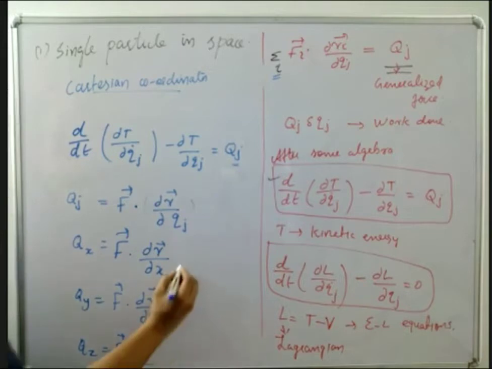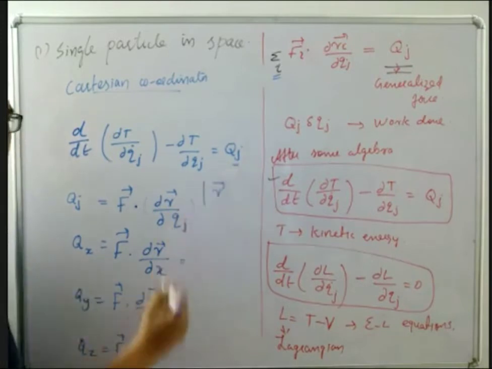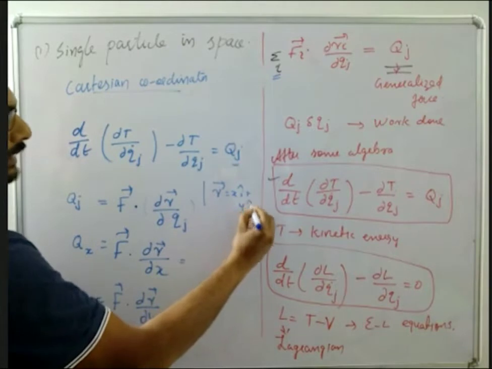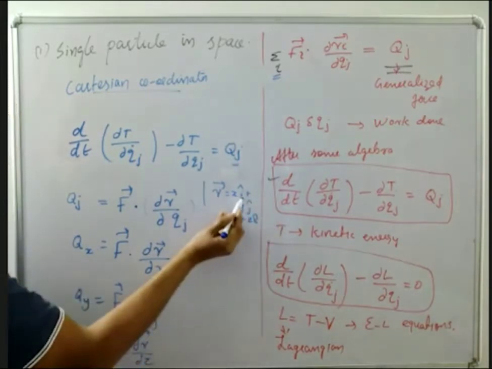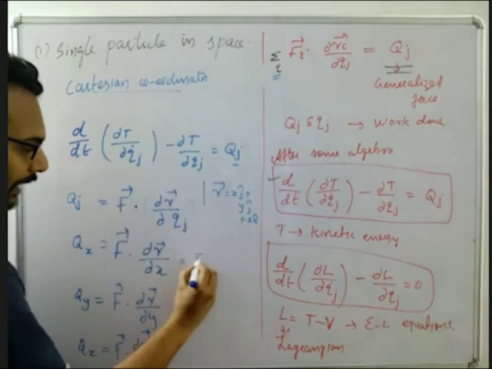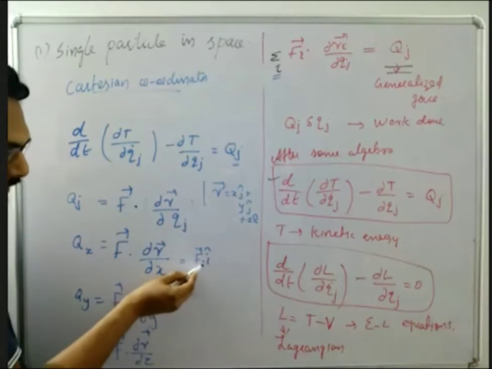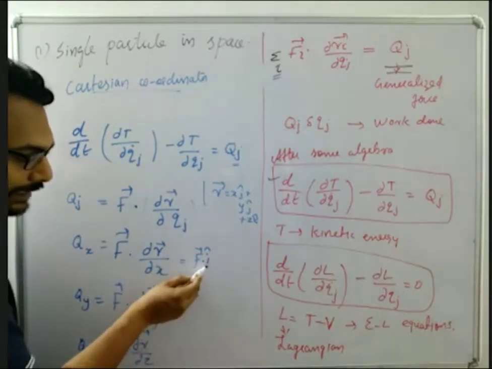Now, what's this? If you look at the r vector, the position vector of the particle, we usually write it as x i plus y j plus z k. So dou r by dou x is just i cap. So this is F vector dot i cap, which is the projection of the force vector in the i cap direction.